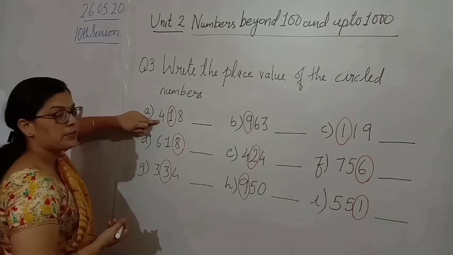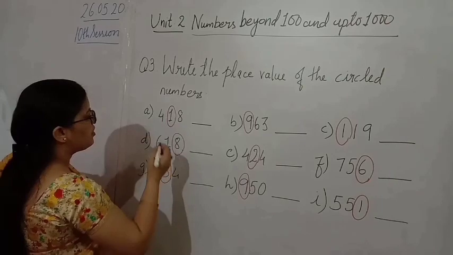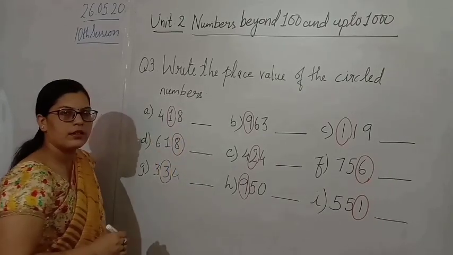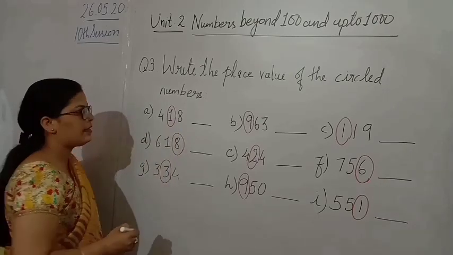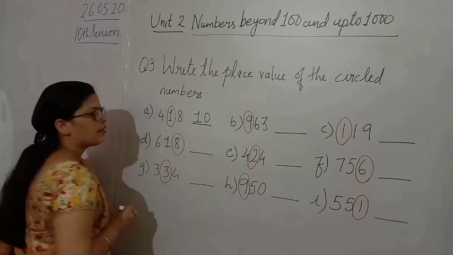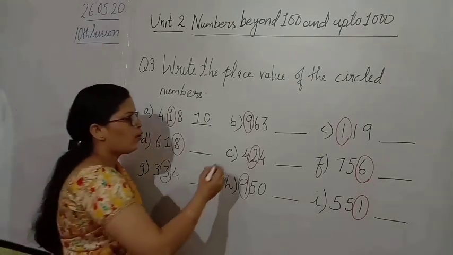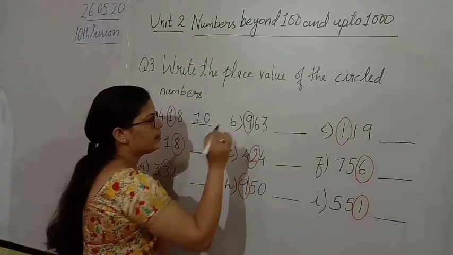Now the first number is 418. Which number is circled? 1. What is the place of 1? Ones, tens. 1 is at tens place, 1 tens, so place value will be 10. Now the next number is 963. The circled digit is 9.